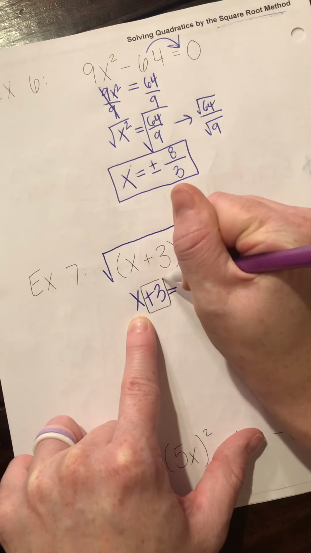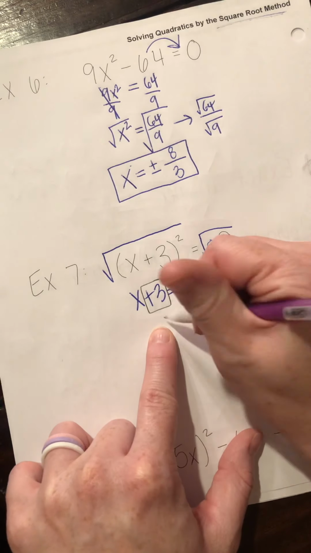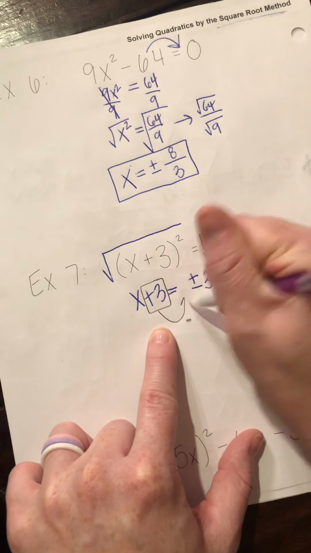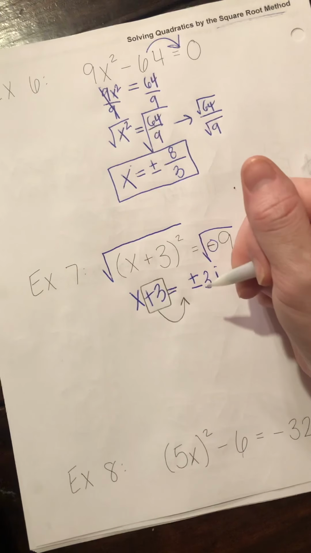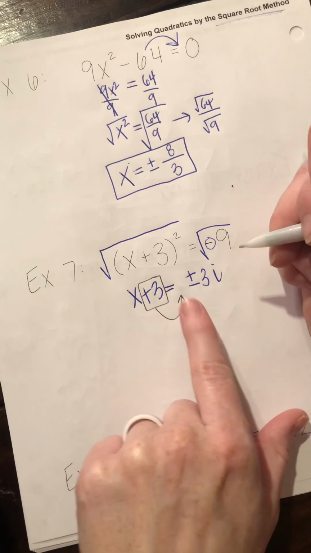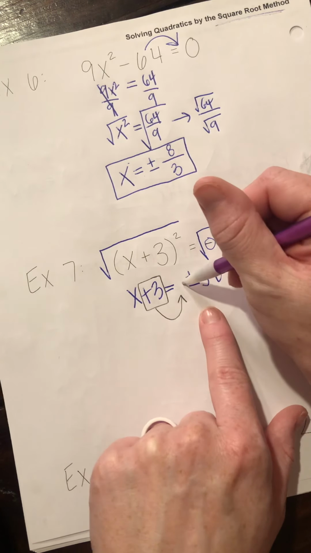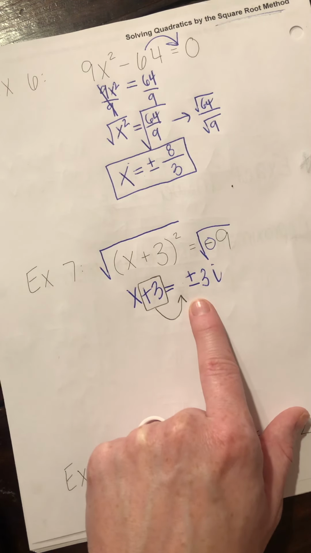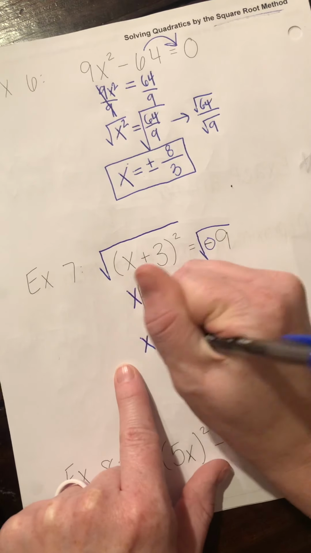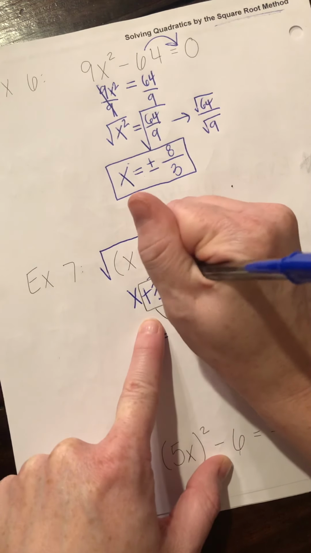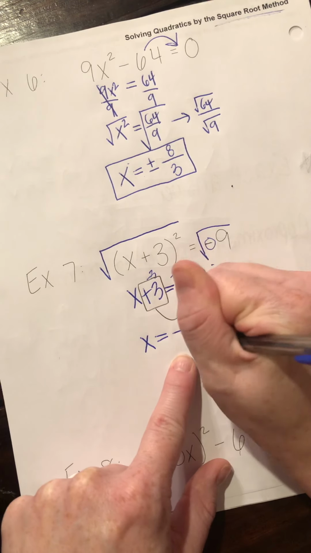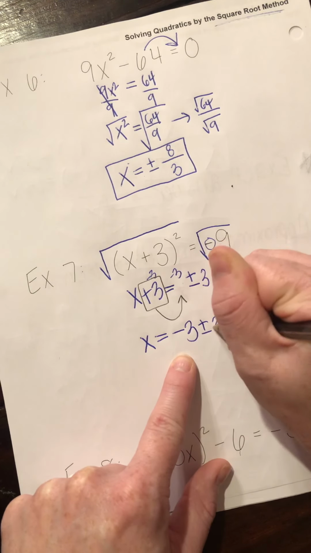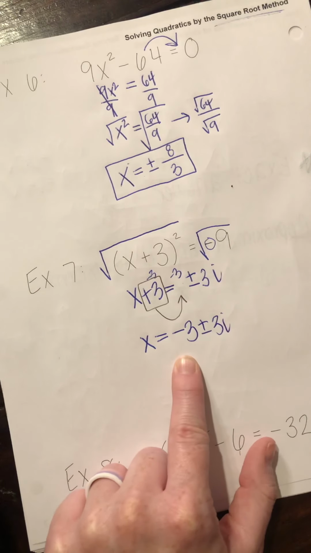So I'm going to take this plus 3, and I'm going to move it to the other side. But anytime I ever move anything from one side to the other, I always want to put it out in front of my plus or minus. So right here, I'm going to subtract 3 from both sides. So x is going to be equal to negative 3 plus or minus 3i.